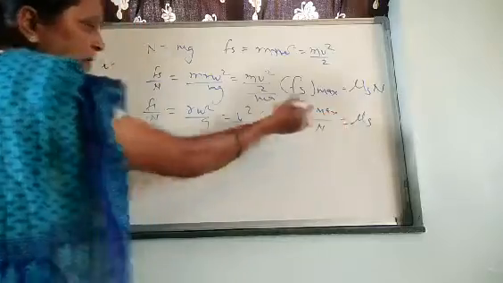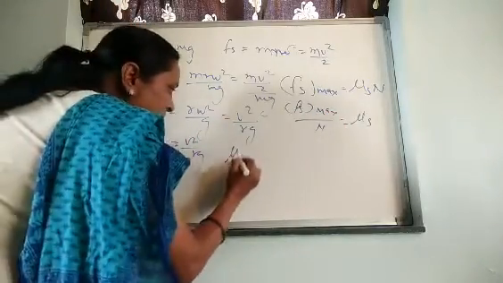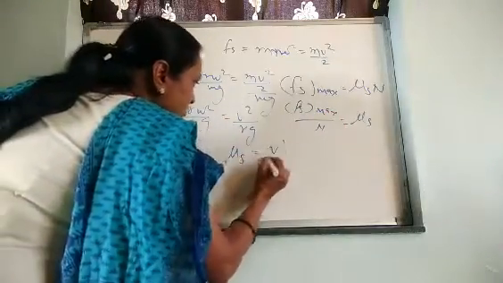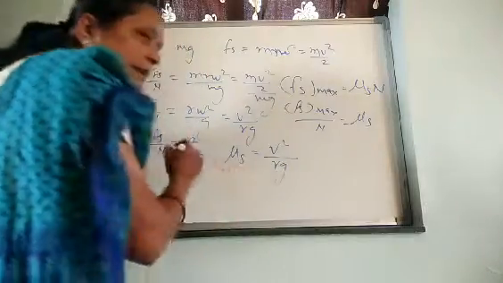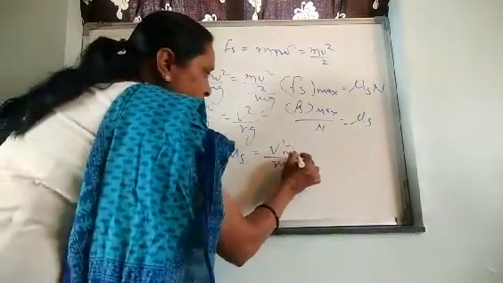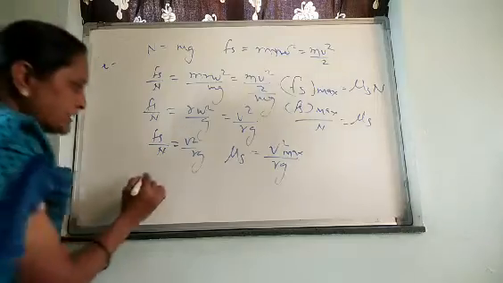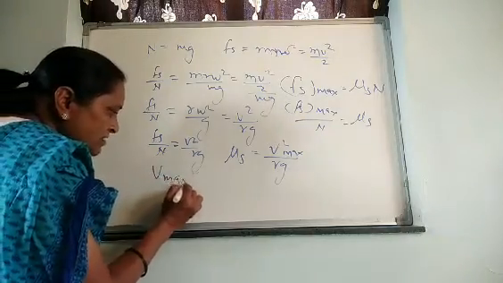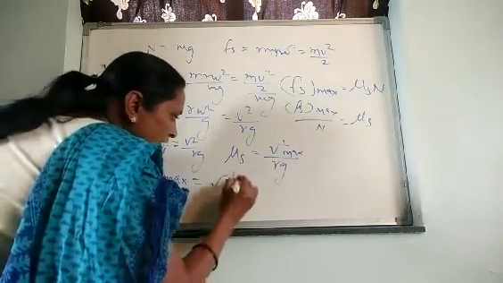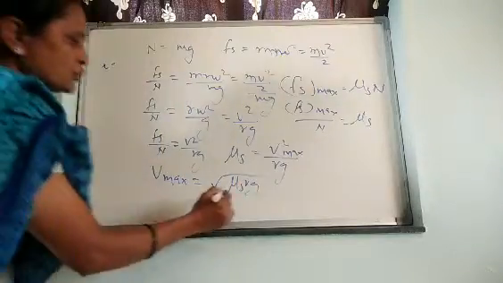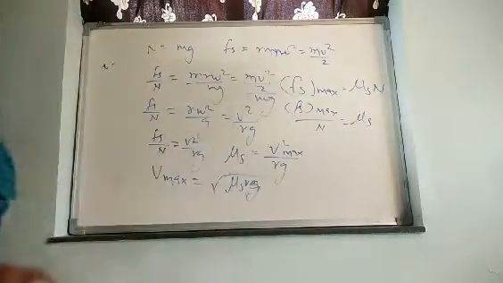We can write mu s is equal to v square upon rg. At that time the speed will be maximum, so v square max. That means v max is equal to under root mu s into rg. The expression should be like this.